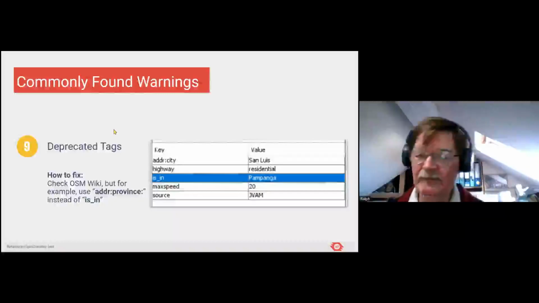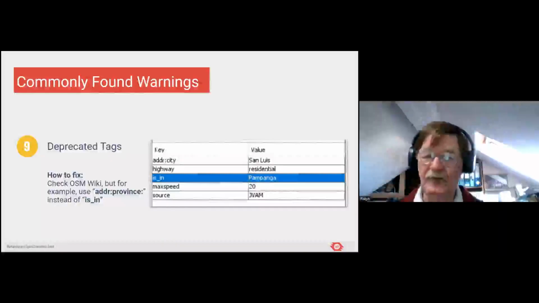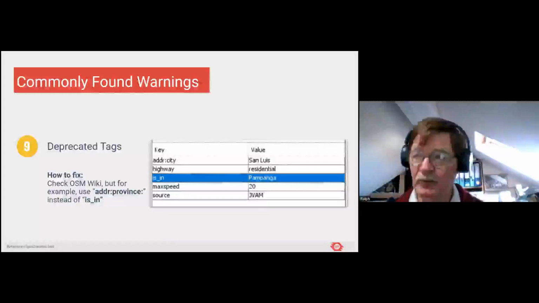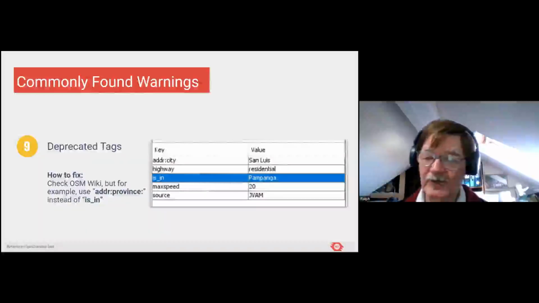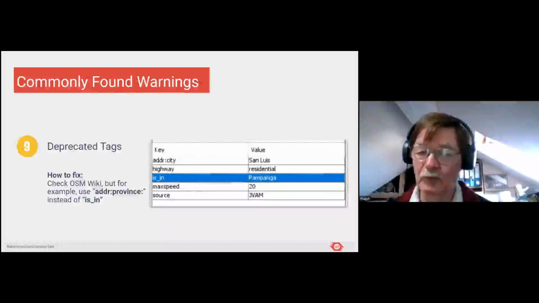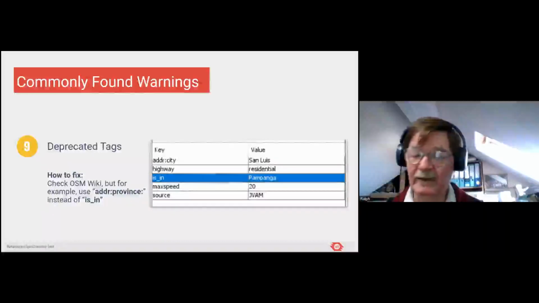Deprecated tags. Now, sometimes a tag does become deprecated. In other words, it becomes obsolete. They found something new. One of the most common ones that you will come across is when you are doing waterways, especially wide waterways. It used to be that the waterway would be tagged as waterway equals riverbank, which would create a body of water along the length of the river that's selected.